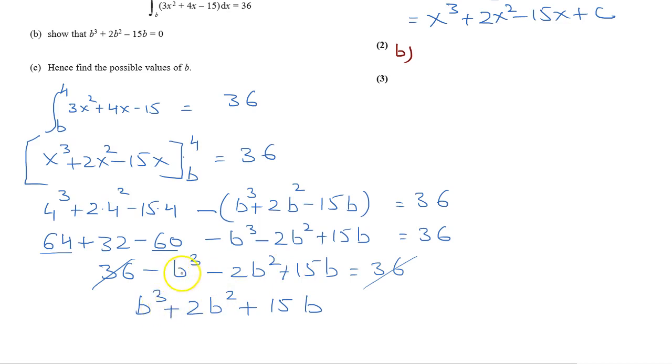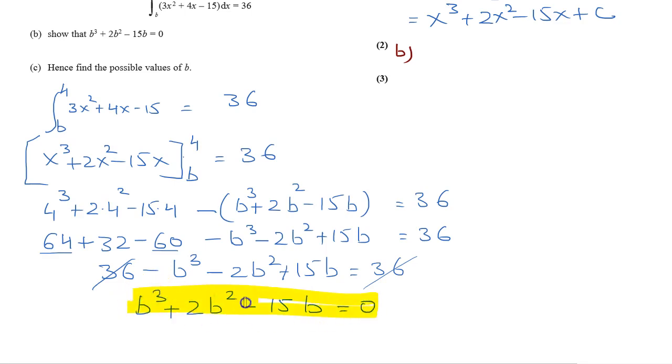Now change the sign, so this is negative and this one becomes negative. That is equal to 0. And that is what we are supposed to prove.